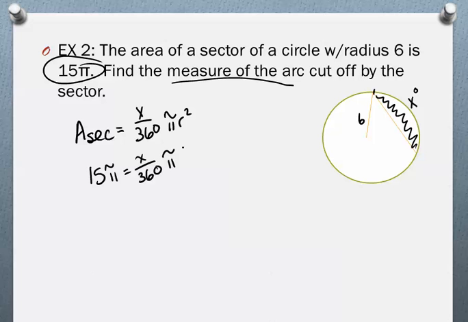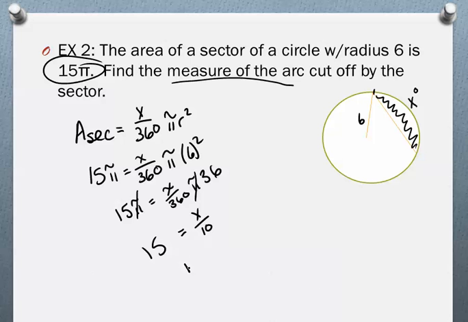We know the radius is 6, and we'll start calculating. Cancel out the pi's, reduce the 36 over 360, and x, the measure of the arc, is 150 degrees.